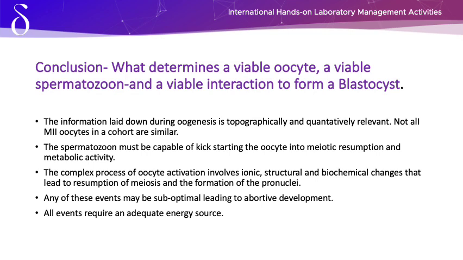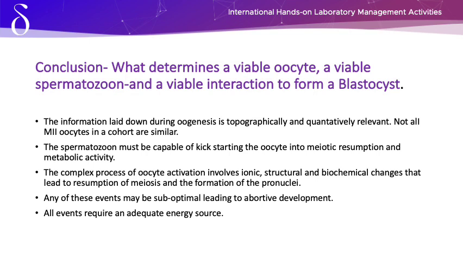They look similar, they are not similar. The sperm must have a good quantity of sperm factor to kickstart the oocyte into meiotic resumption and metabolic activity. Not all sperm have the same quantity of sperm factor.